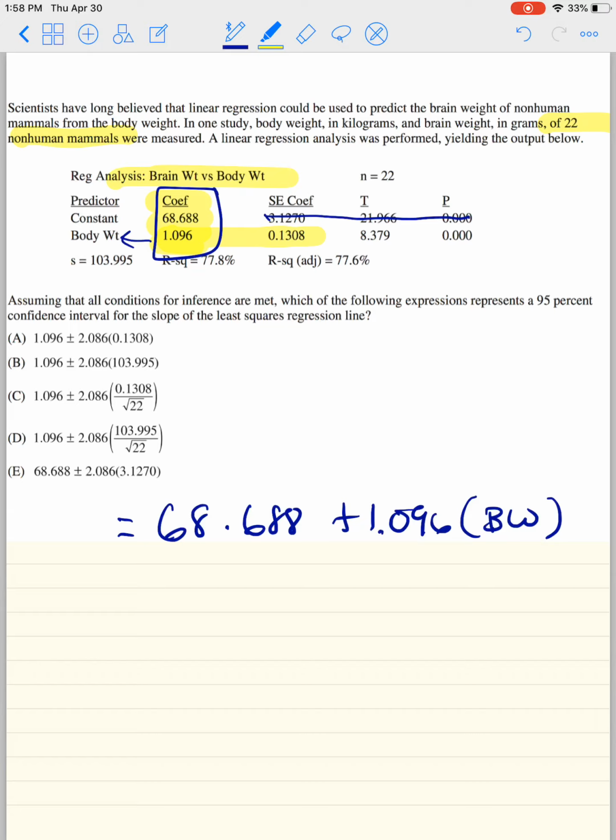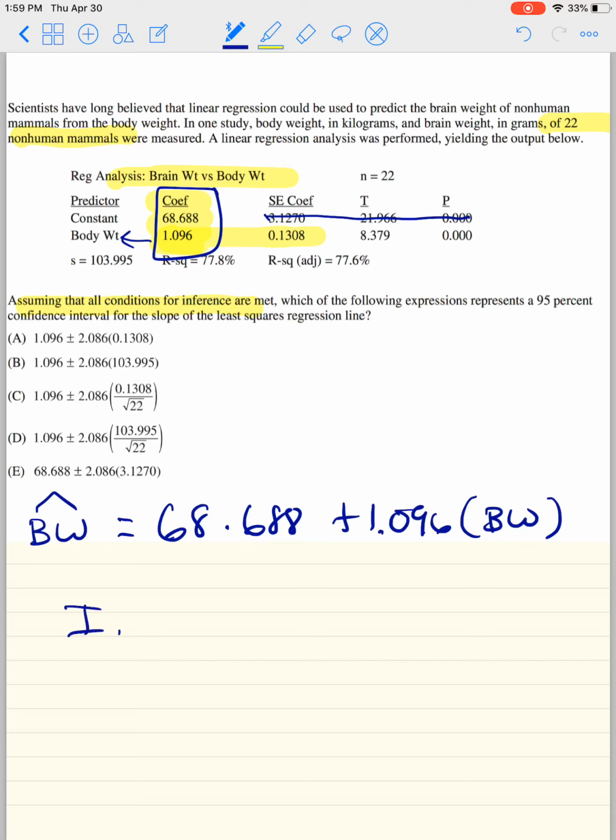So we're going to do brain weight. So basically they're saying, depending on how much a non-human mammal weighs, that's going to predict the brain weight. Okay, so this is irrelevant to confidence intervals, but I just wanted to show you guys how to get the line of best fit.